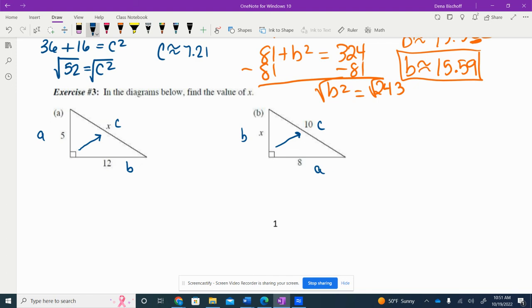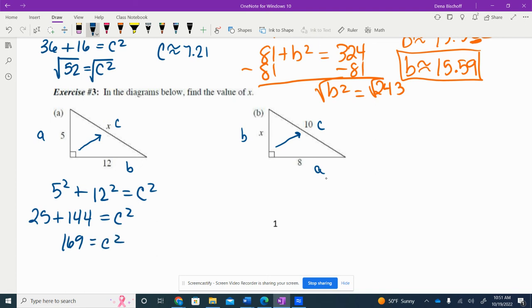I'm just going to plug these values in. 5 squared plus 12 squared equals c squared. That gives me 25 plus 144 equals c squared. Well, that's 169 equals c squared. We did something similar to this, kind of in reverse, up top in one of our examples. 13 is c.